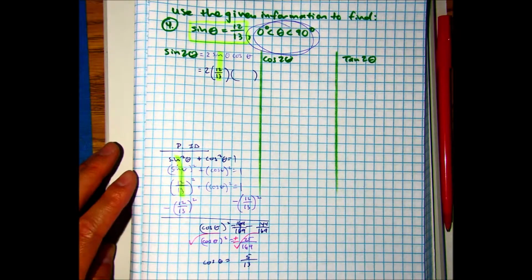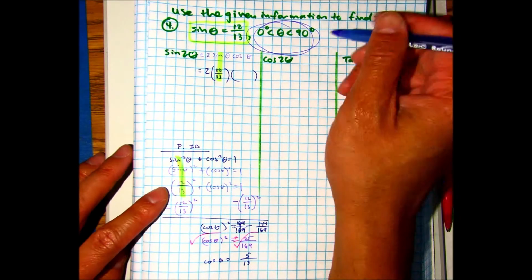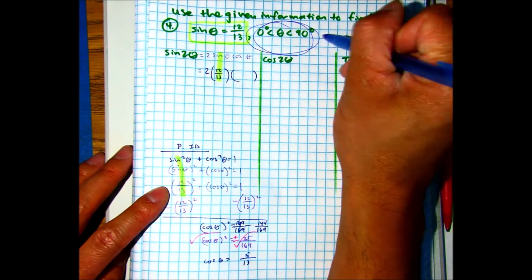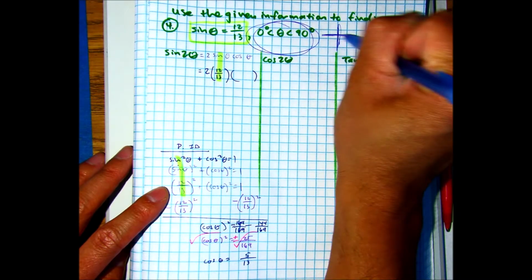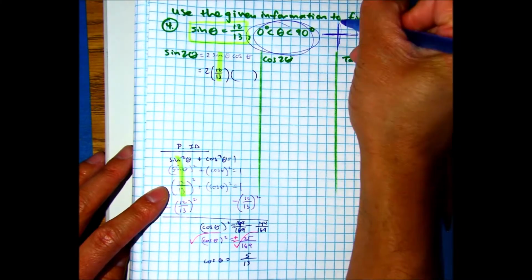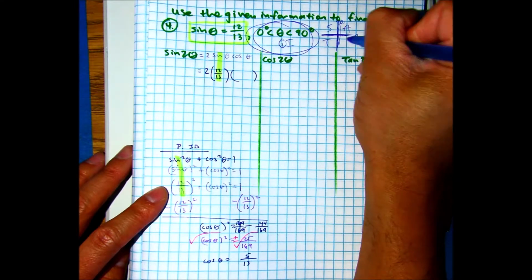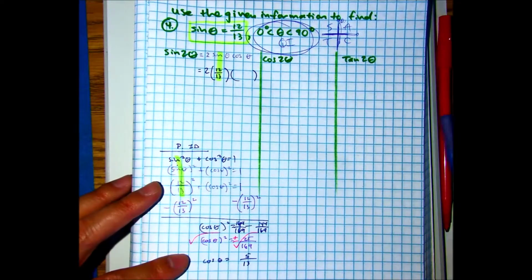Aaron, because it's in between 0 and 90. It's in quadrant what? I don't know. So, start here at standard position. That would be 90. So this is quadrant 1. And we know that all the trig functions are positive. That's why it will be positive. Okay?